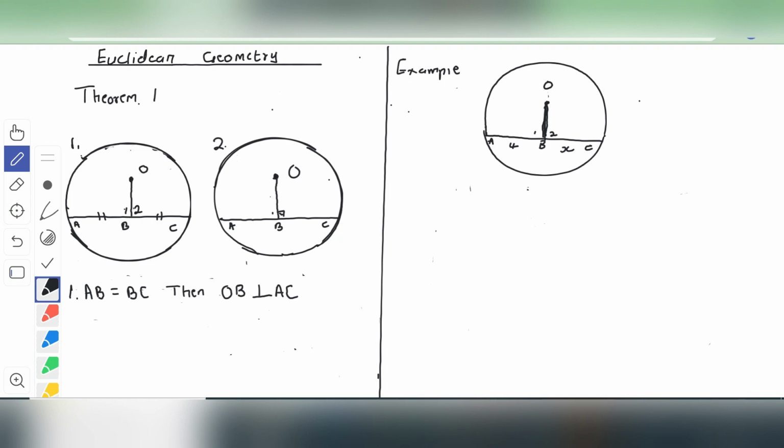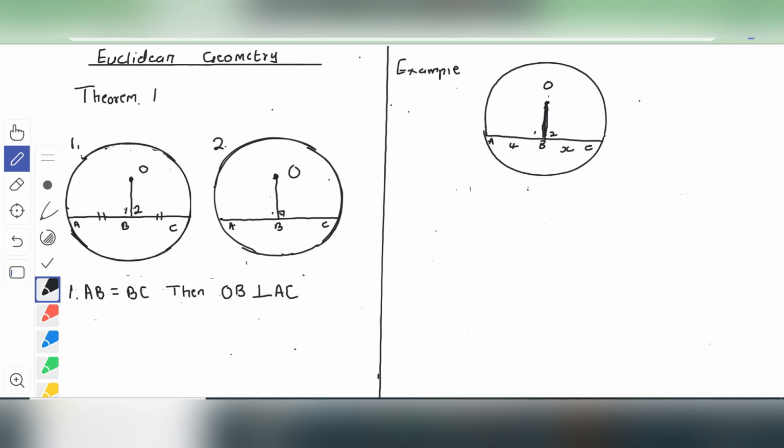From the first diagram, we have OP, which is the line drawn from the center, and it bisects AC, the chord.